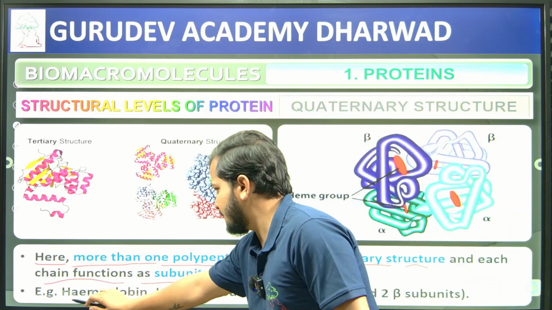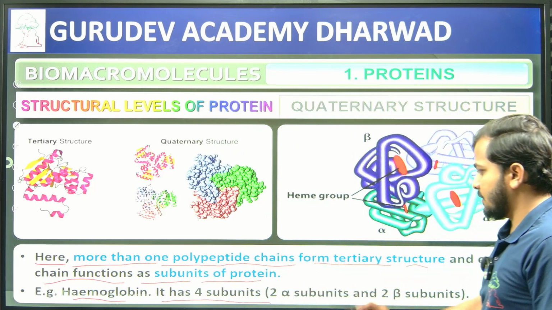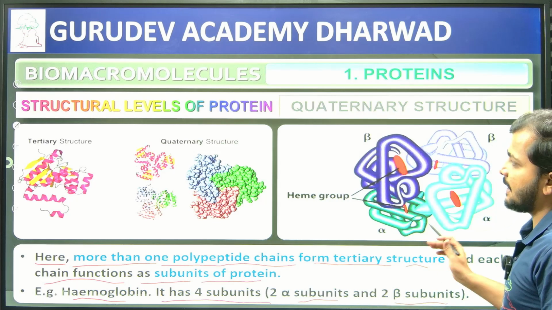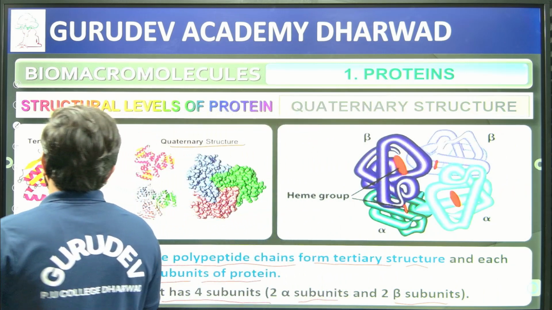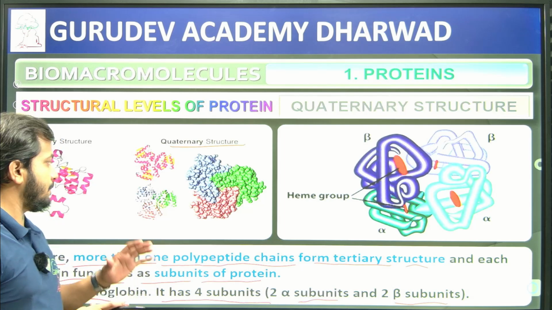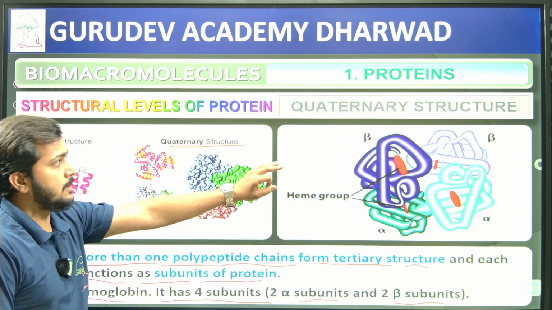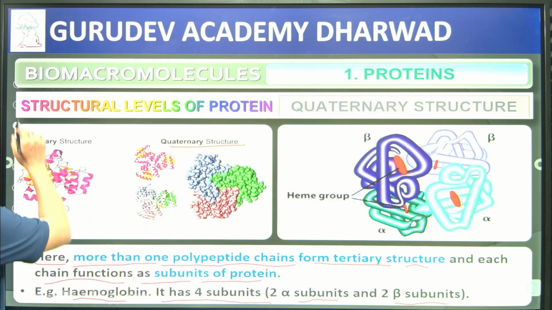An example is hemoglobin, which has four subunits, 2 alpha subunits and 2 beta subunits, which are joined to form the quaternary structure. So four molecules of the tertiary structure combine to form the alpha and beta sheeted plates that you are going to find, right?